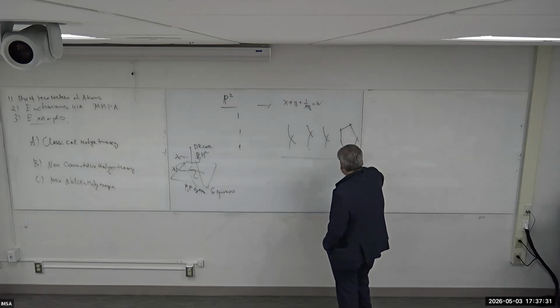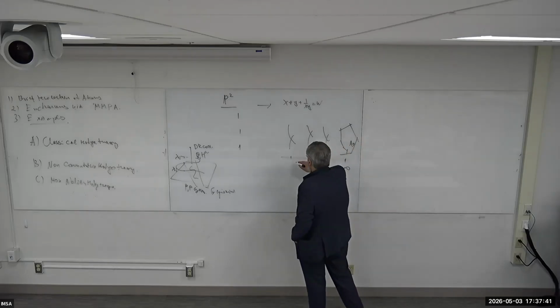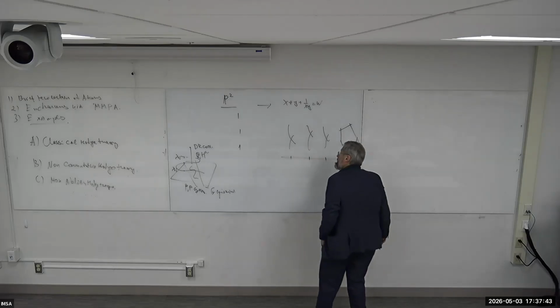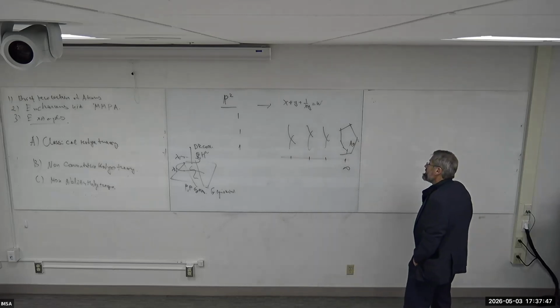But if you want to put this fiber at infinity, you will have one A9 singularity here, so you have 3 in the finite part, and you have 3 singular fibers inside.